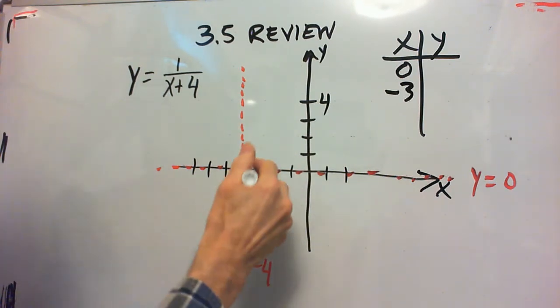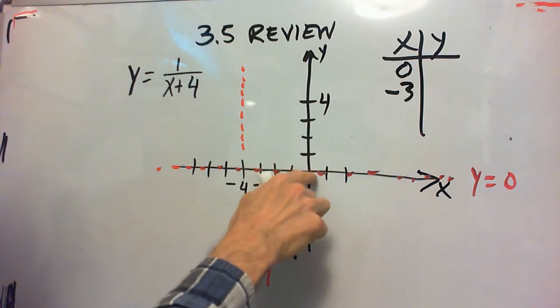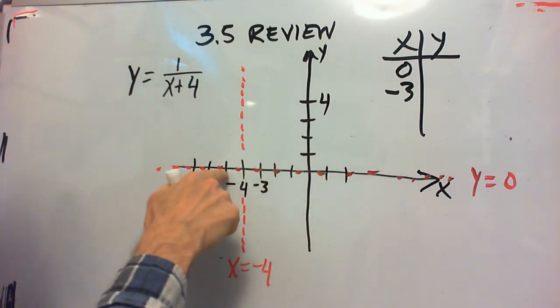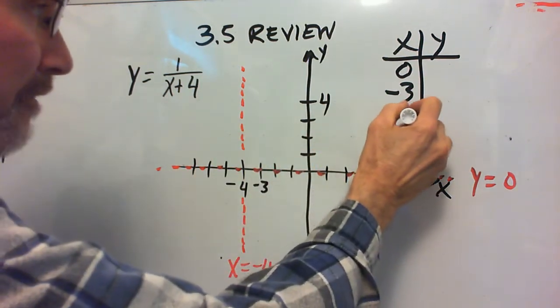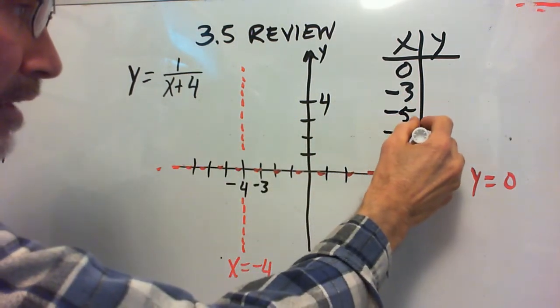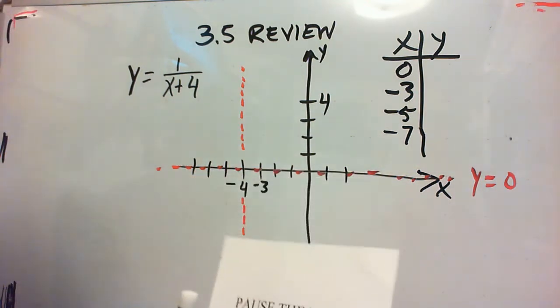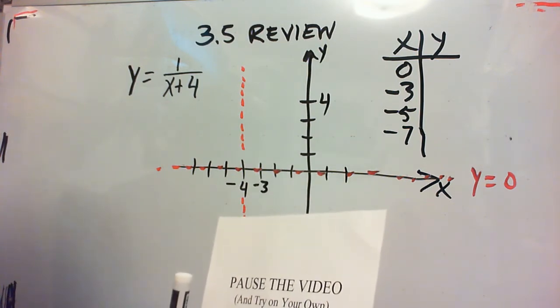I'm going to pick an x value -3 and another x value 0. Then on the other side -5, and then a couple units over -7. So what I want you to do is figure out those points, plot them, and see if you can finish this graph. So pause the video and try and finish this graph.